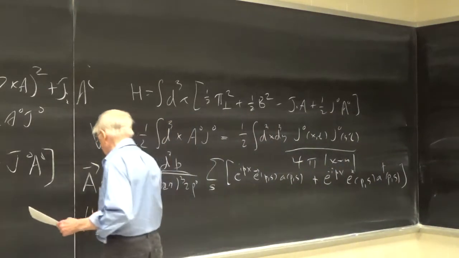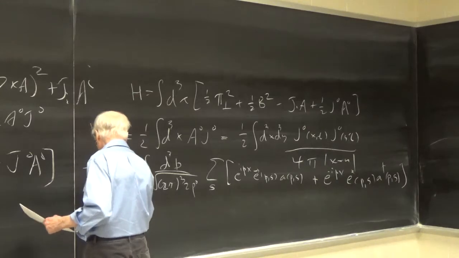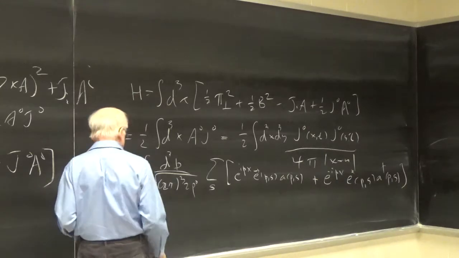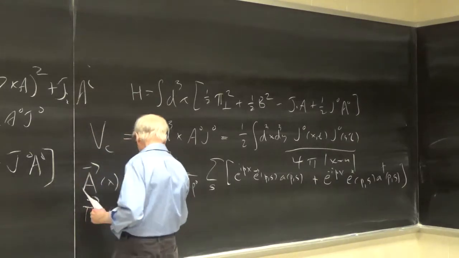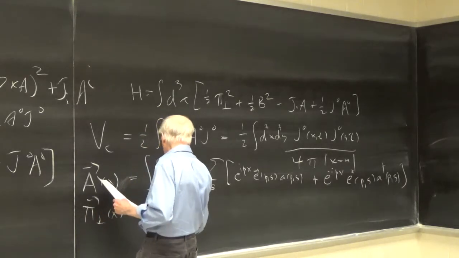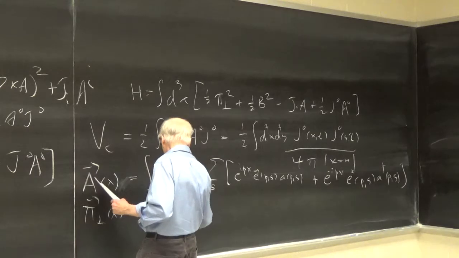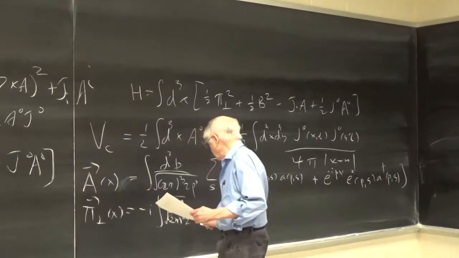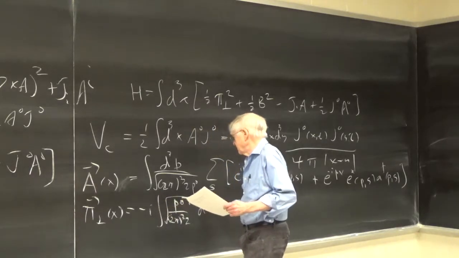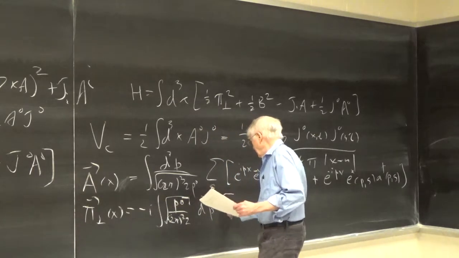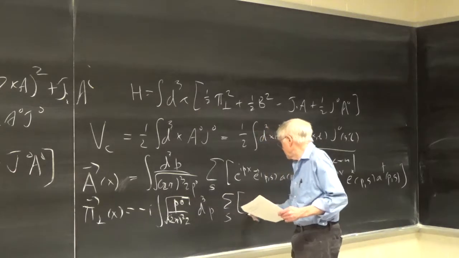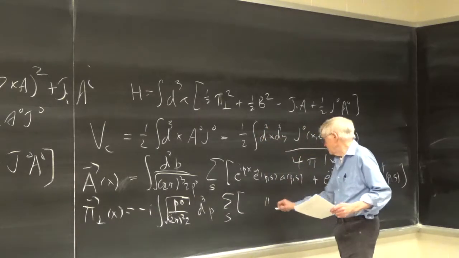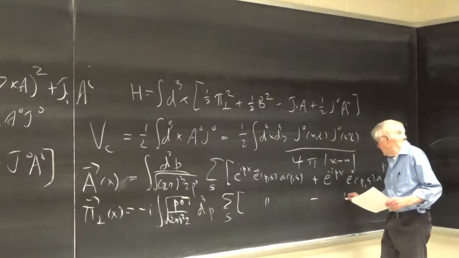The transverse conjugate momentum is the time derivative of that, and so that's minus i integral d cubed p, square root of p0 over 2 (2 pi) cubed, a sum over s, ditto minus ditto.